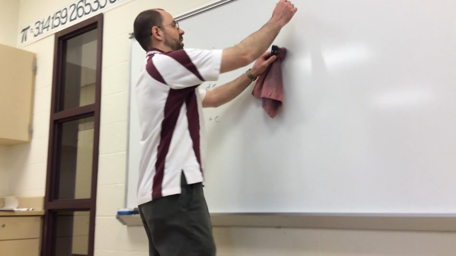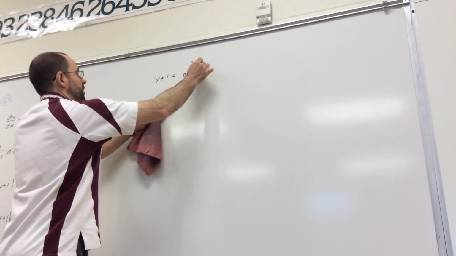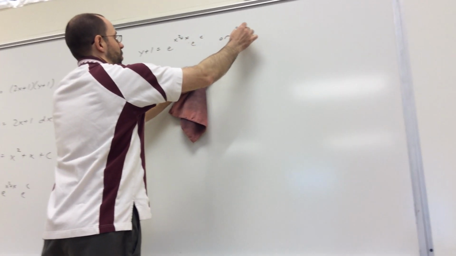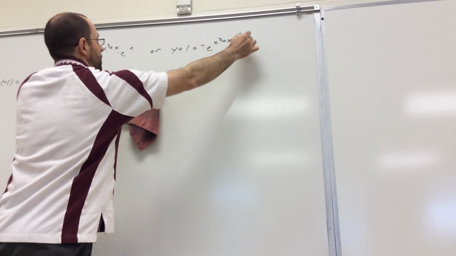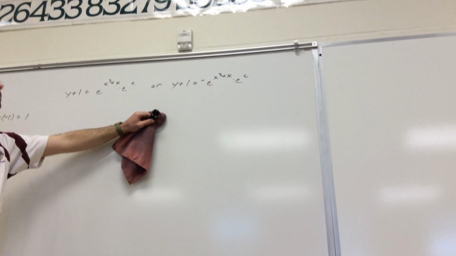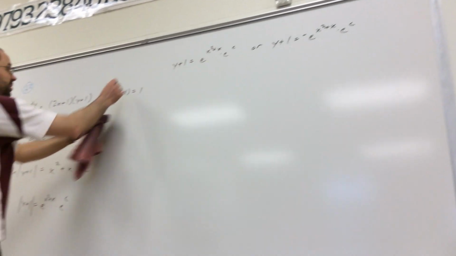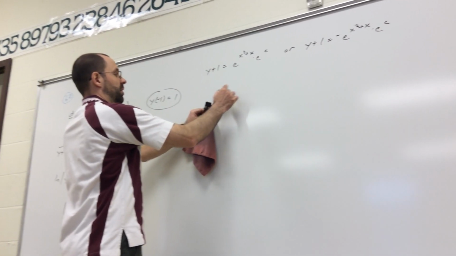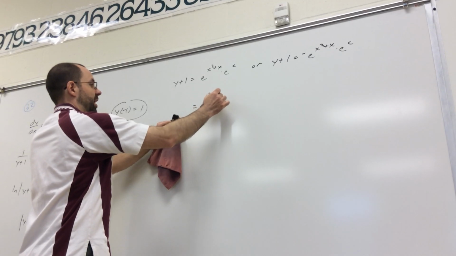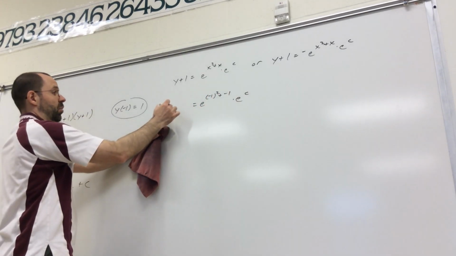So y plus 1 could be positive this, or y plus 1 could be negative this. So then we got to use this point to figure out c. So when I put a negative 1 in for x, I'm supposed to get 1 out.